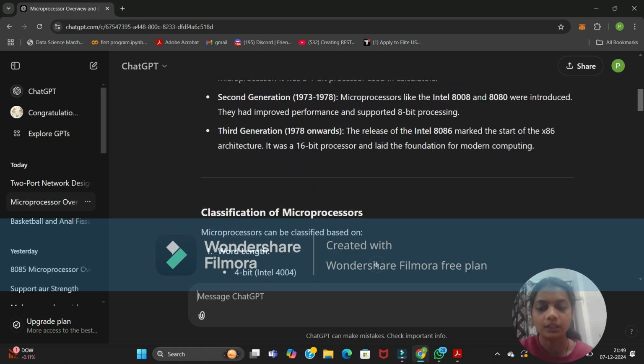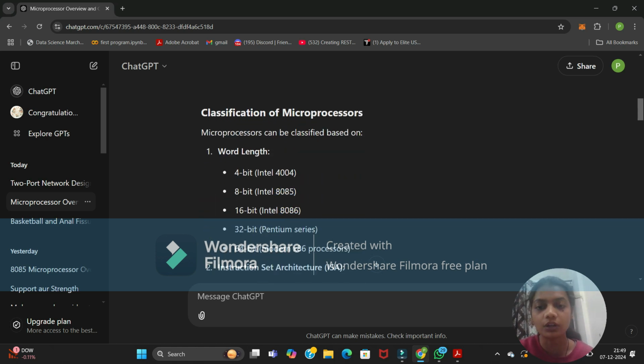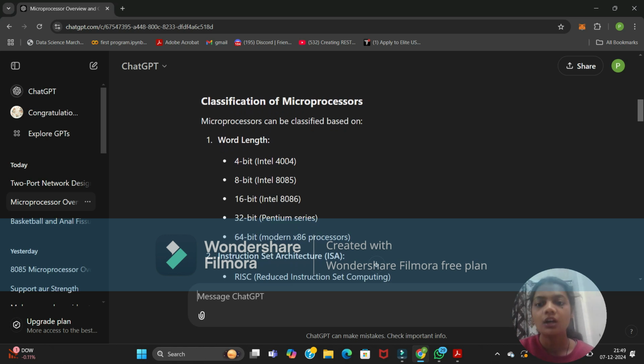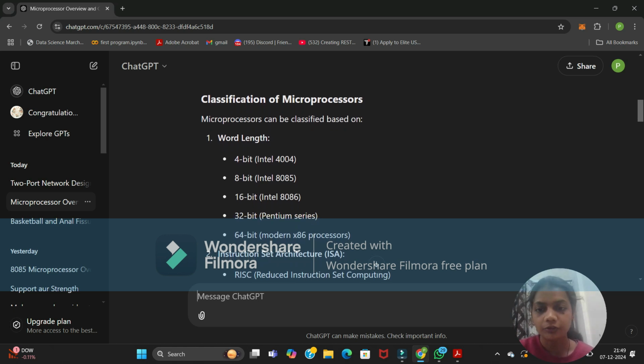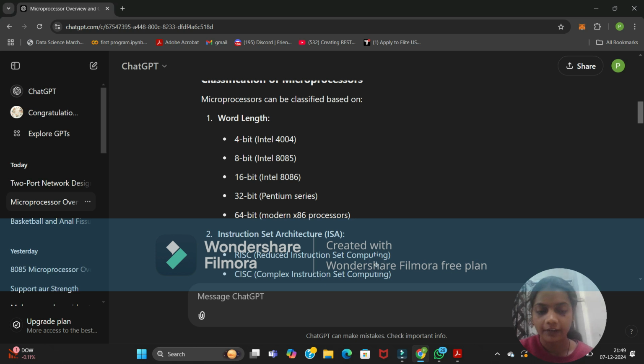Now let us have a look at the classification of microprocessors. Microprocessors can be classified based on word length, that is the data length. Word length is 4-bit for Intel 4004, 8-bit for Intel 8085, and 16-bit for 8086.